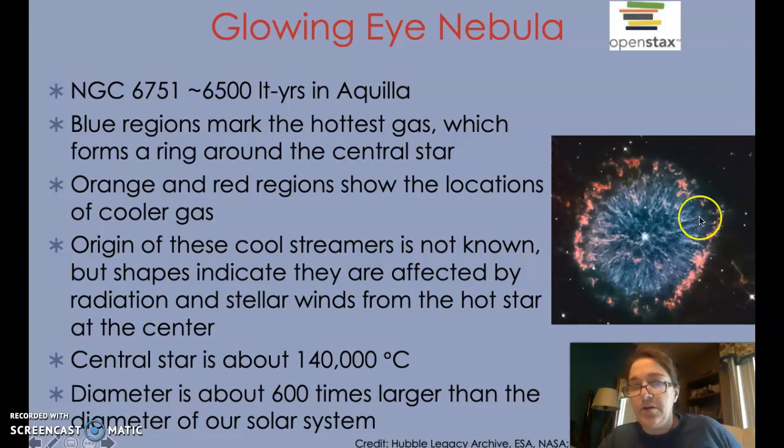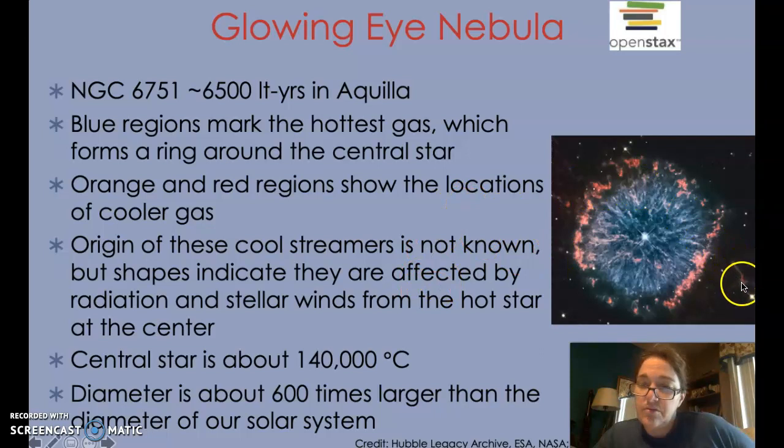If I pulled up a different image of Glowing Eye Nebula, different images show these gases in different colors. So the color, while it's important to help us recognize the difference in the temperatures, does not automatically mean blue is helium or green is hydrogen.